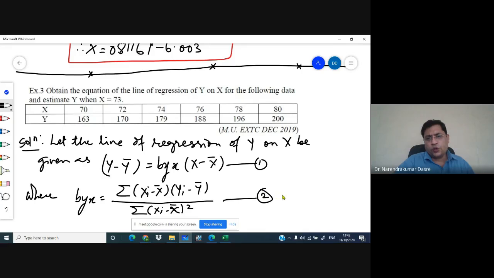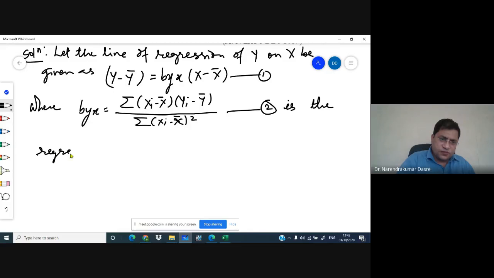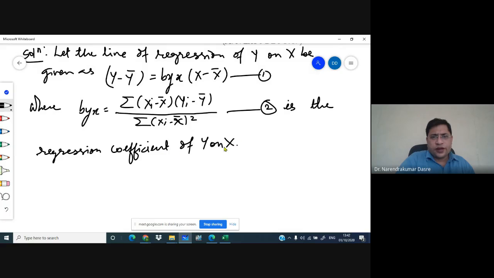This is the coefficient of regression, or the regression coefficient of y on x.